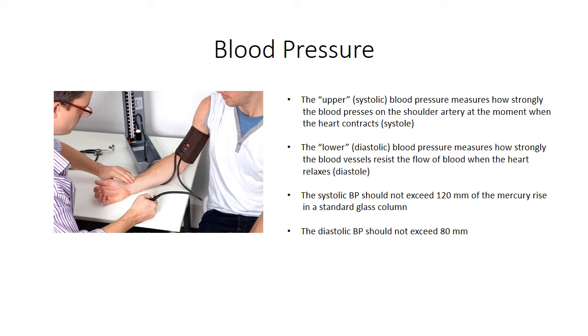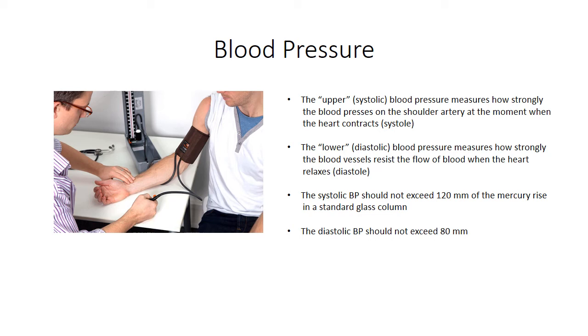You don't have time sometimes to look at the reference literature. It helps if you simply know what the normal levels of the systolic and the diastolic blood pressure are. The systolic blood pressure should not exceed 120 millimeters of mercury rise in a standard glass column.